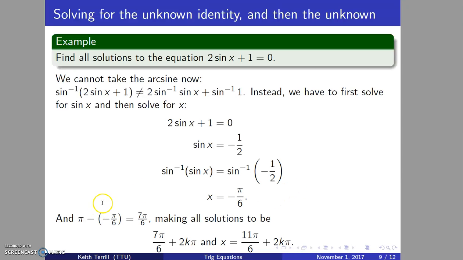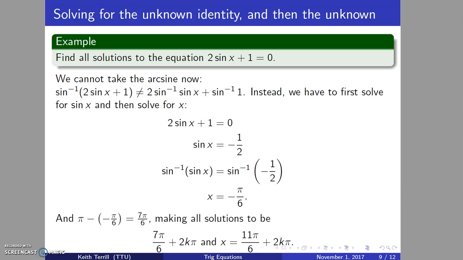The other one that would work between 0 and 2 pi would be adding pi over 6, right? Or subtracting negative pi over 6 from pi, giving you 7 pi over 6. So all of your solutions should look like 7 pi over 6 plus 2k pi and 11 pi over 6 plus 2k pi.